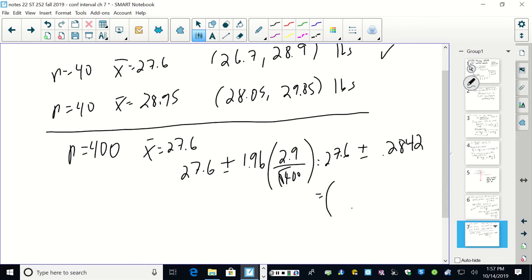And our interval is 27.32 up to just 27.88 pounds. So again, that one would miss. We would expect 95% to be good and capture the thing, so I have more misses than you would typically have, right? But this one's a lot narrower, 27.6 covered.